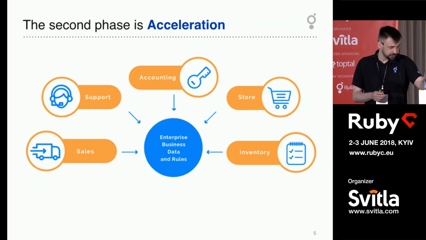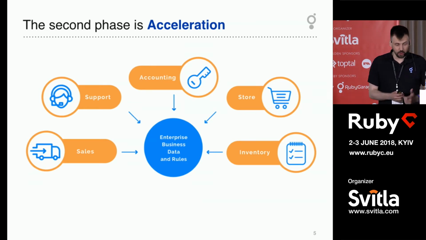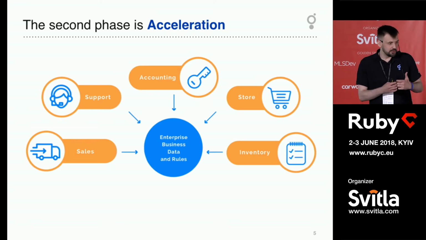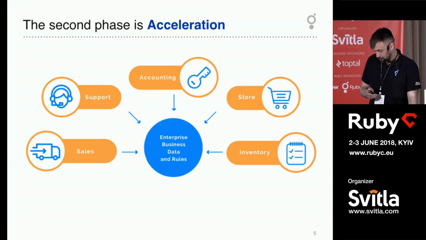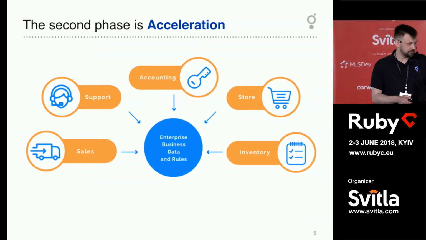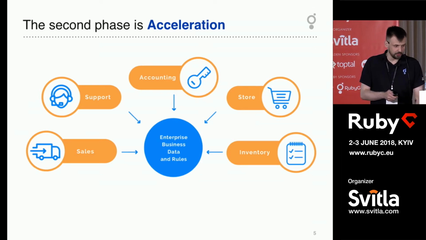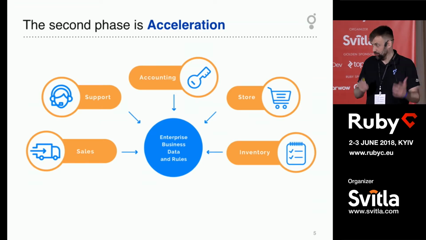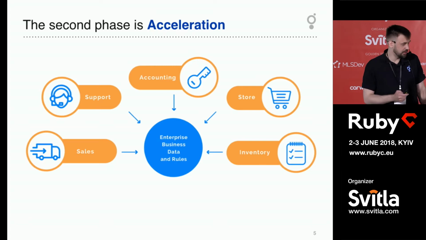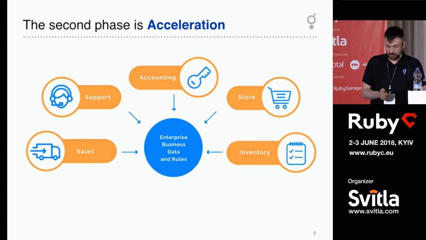But when we start to grow, very often the company gets bigger and bigger, and we need to provide interfaces for different parts of a company. So this is how a small startup can typically go to enterprise step by step.